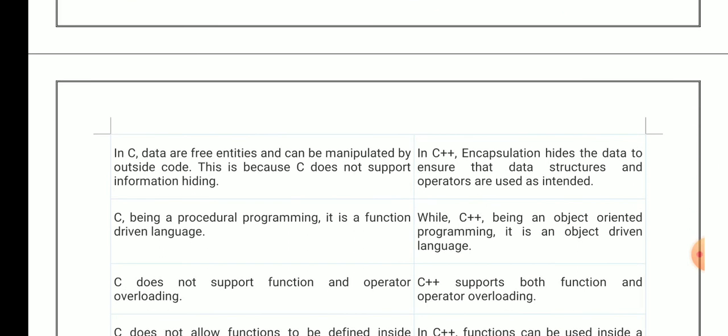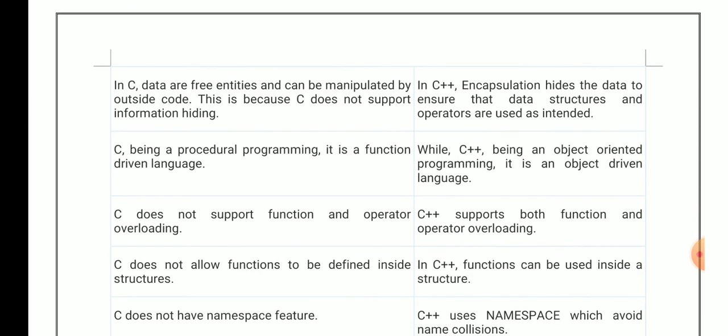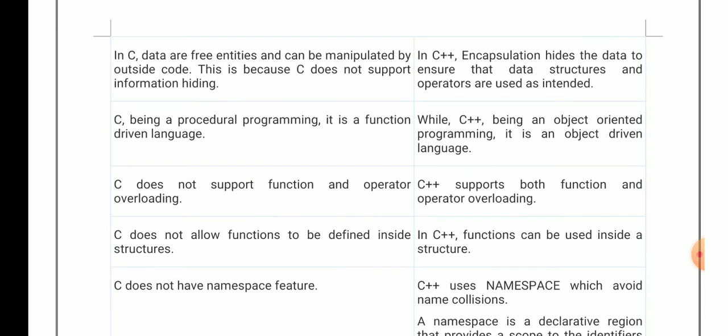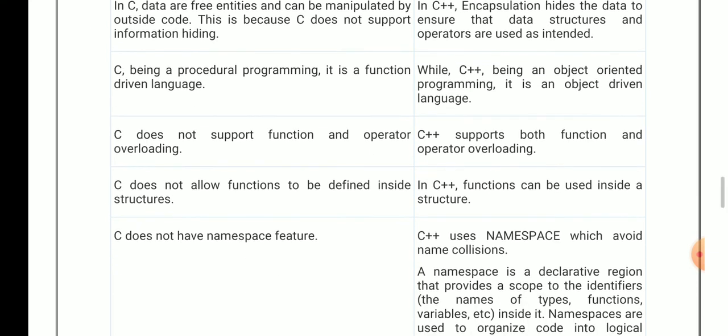In C there is no information hiding facility, but in C++ there is encapsulation, which hides our data. C is a function driven language, but C++ is an object driven language.